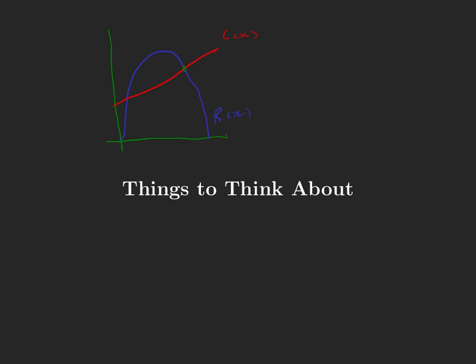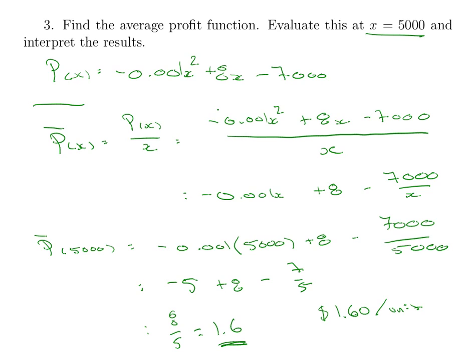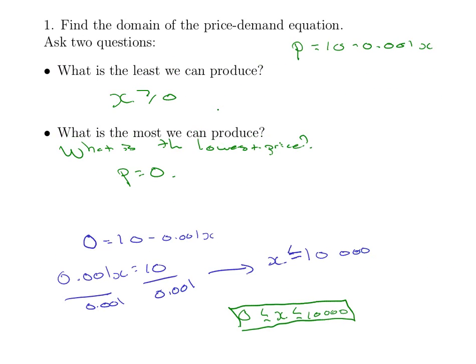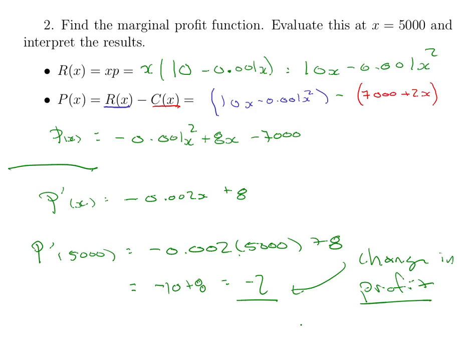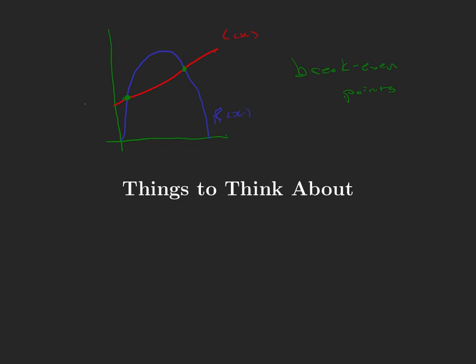We could also notice that we've got these 2 points here, these intersection points. We call these break-even points. You can find these intersection points graphically. What I would do is set your window up using the interval that we found. In our case, I think it was between 0 and 10,000. Let me just double check. Where was it? Yeah, right here in this box, 0 and 10,000. You can make that your window for these things.